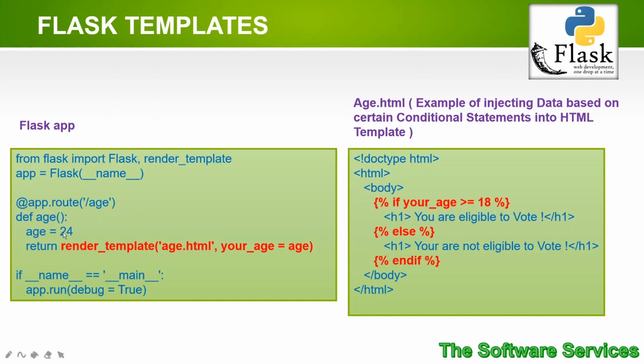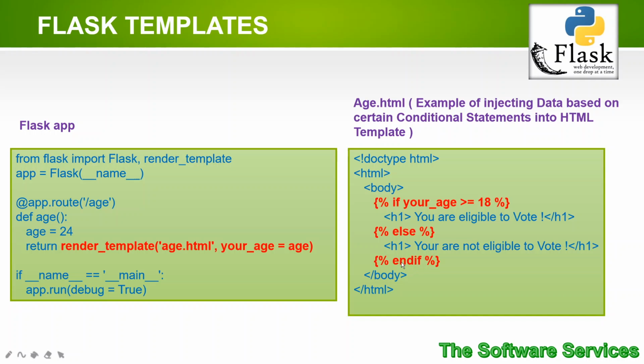Otherwise, if the age is say less than 18, then "you are not eligible to vote" will print to the screen, friends. This is conditional branching. The flow will branch based upon the condition. If it is true, then it will take this code to print onto the screen; otherwise it will print this one. And the end of this conditional statement will be specified by this format, friends.